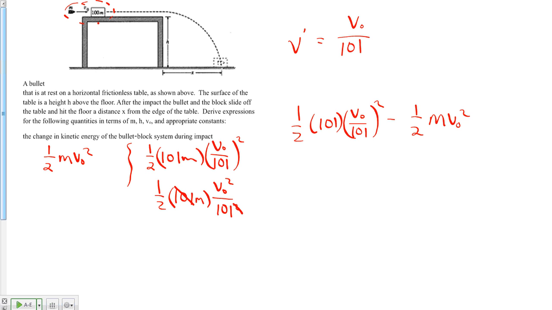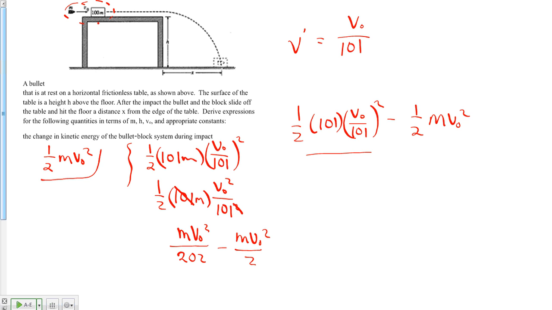So you end up with m v naught squared over 202. Not the greatest answer ever, but it's slightly more attractive than that. No, it's not that actually. Oops. Minus m v naught squared over 2.